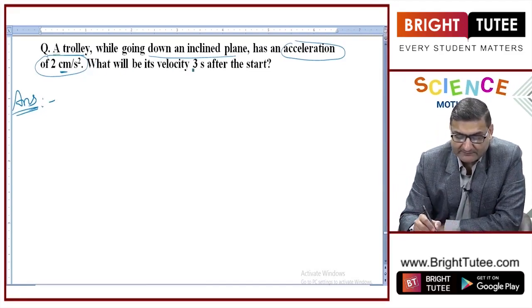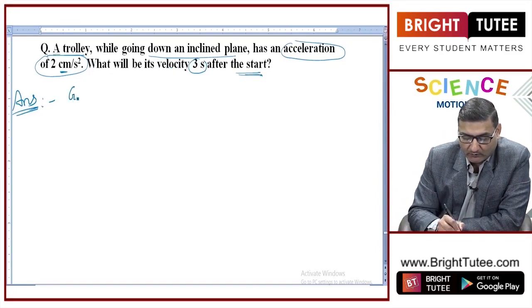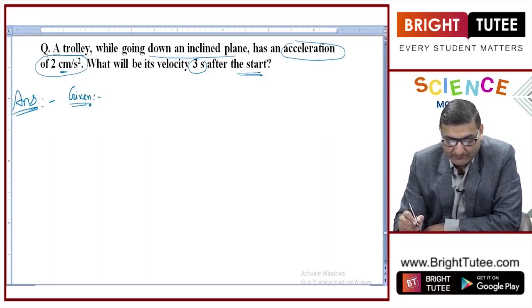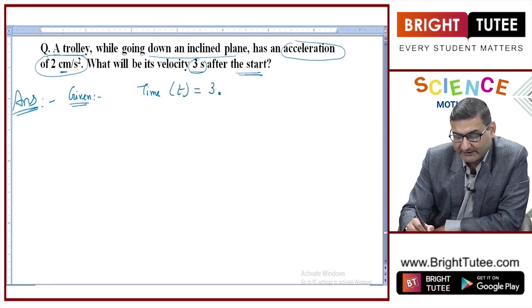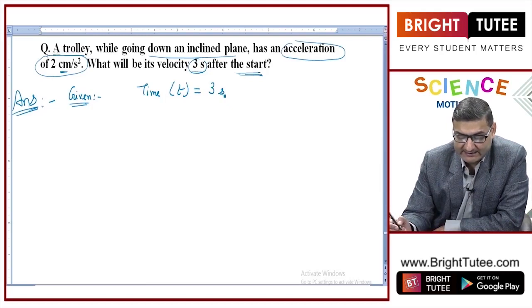What will be its velocity 3 seconds after the start? Now what all is given to us in the question? First of all, the time, represented by small t, is given to be 3 seconds.